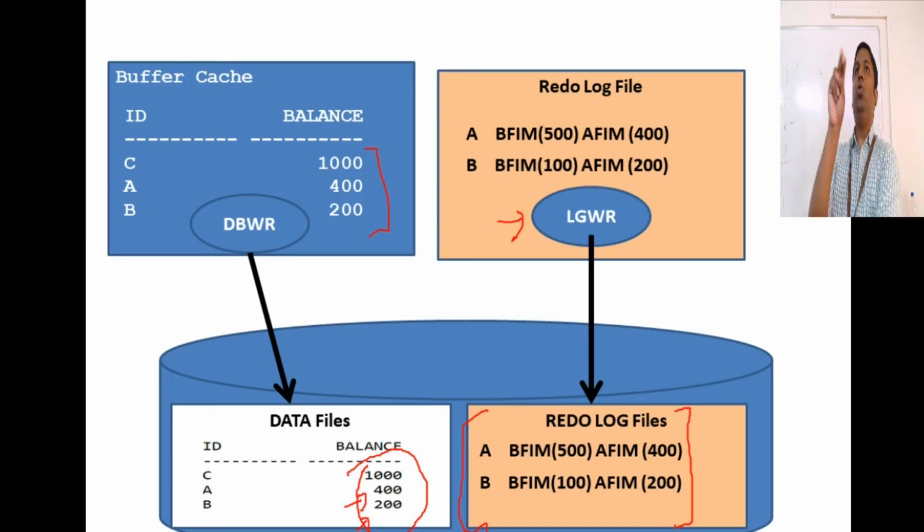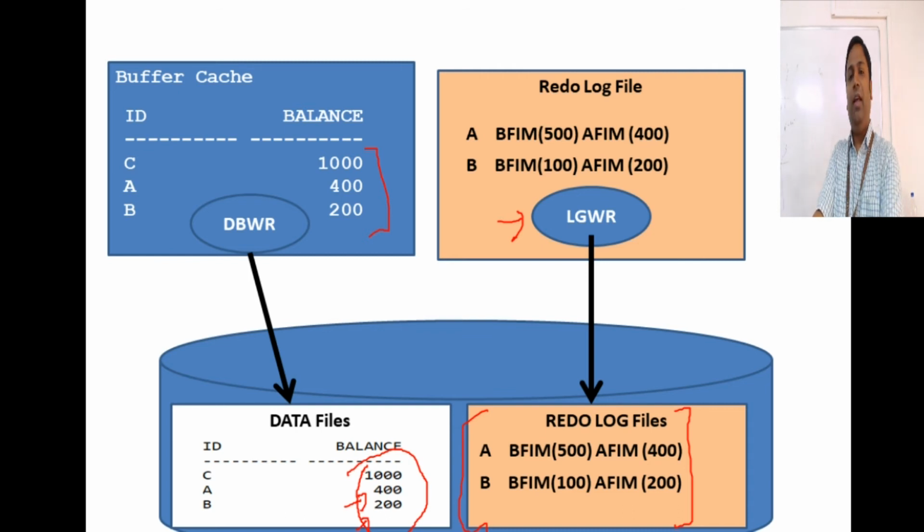So you have these two important files, the redo log file and the data file. From the data file, you move to the buffer cache, you make the changes. For every change, you record it into the redo log file in memory. Once it reaches commit, flush it to the database as persistent storage. So you're going to move all the logs to your database, and then the DB writer will flush all the changes to your data files.